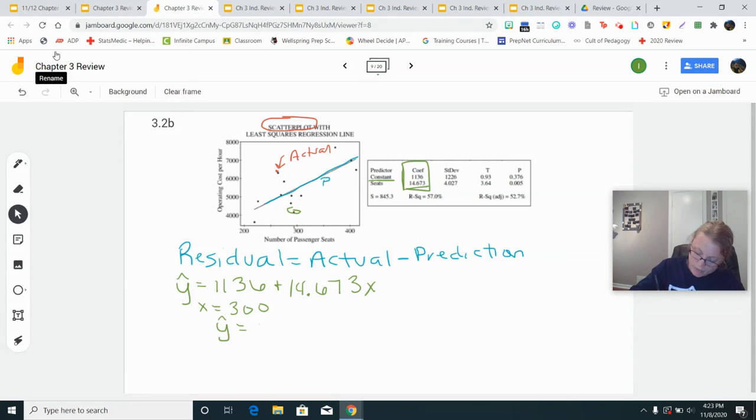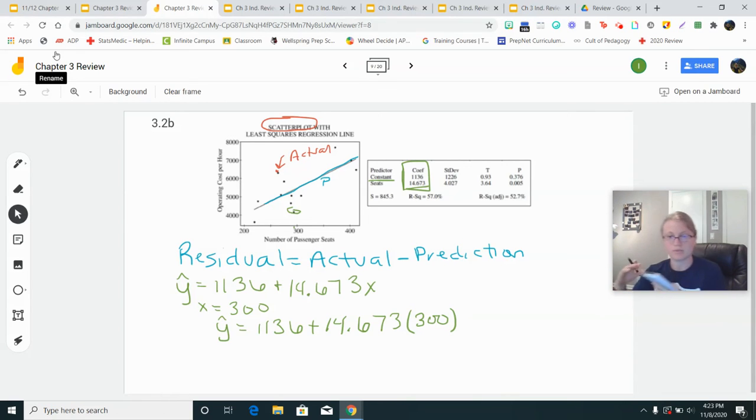So y hat equals 1136 plus 14.673 times 300. Now on your calculator, which I dropped on the floor, TI-84s are pretty sturdy. I'm going to plug this in: 14.673 times 300.